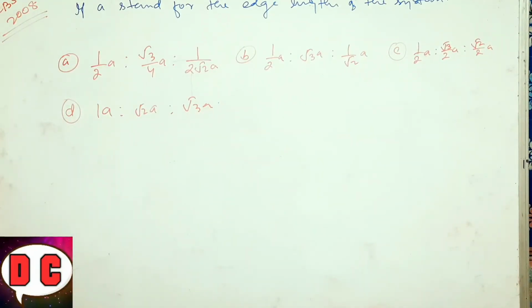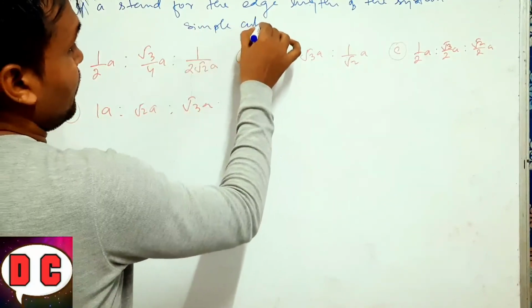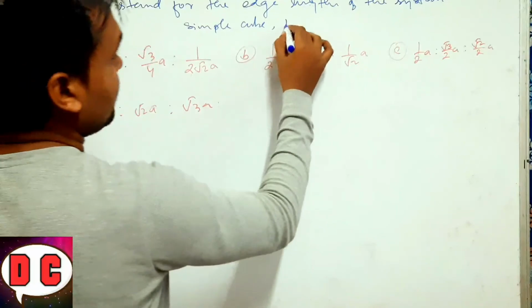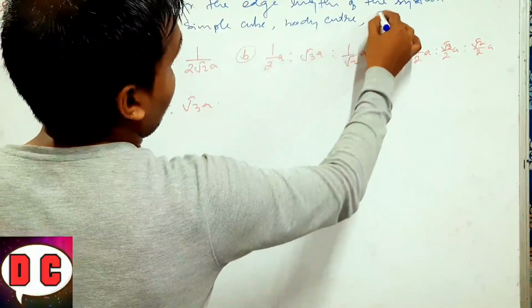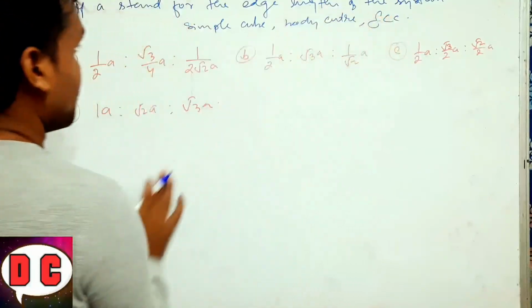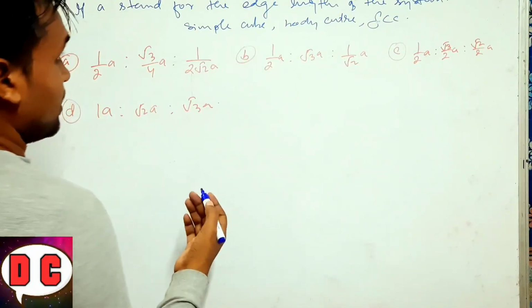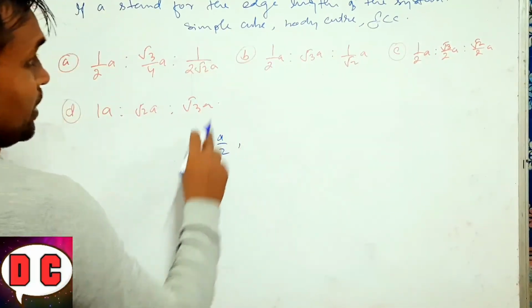So now we have to remember what ratio they are telling. First they have said simple cube. Second they are telling body centered. Third they are telling FCC. So this is the ratio you have to find. We have already got the formulas for edge length a. For simple cube the radius is a/2.